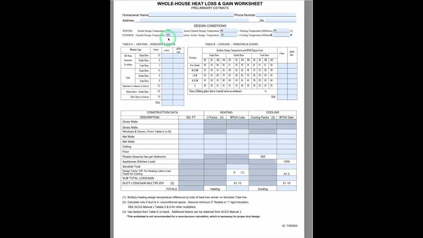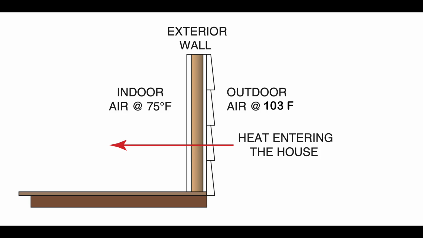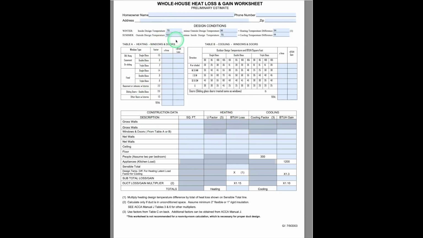So you insert 103 in your calculator minus the inside design temperature of 75 degrees. That gives you 28 degrees temperature difference. And that's how you determine your design conditions for the unit you're working on in your location.